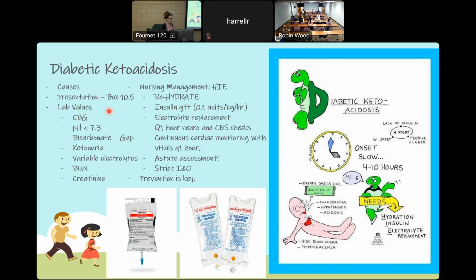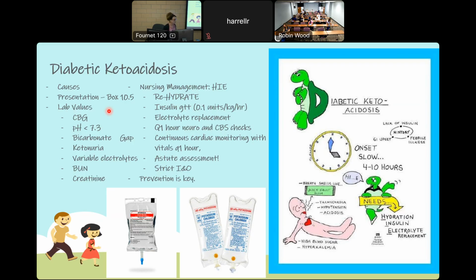Also very acidotic, and our central nervous system does not like it when we're acidotic, so they can be very altered. They'll typically have a history of nausea and vomiting from the acidosis, also from the dehydration, and maybe it was a stomach bug that brought them in, but you'll frequently see nausea, vomiting, and then abdominal pain as well.